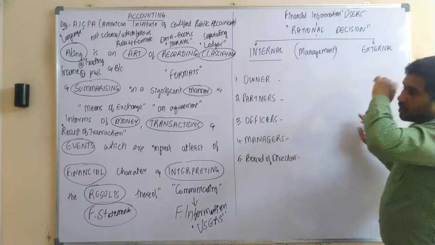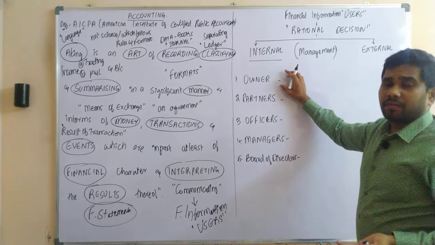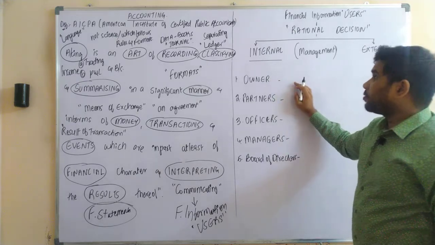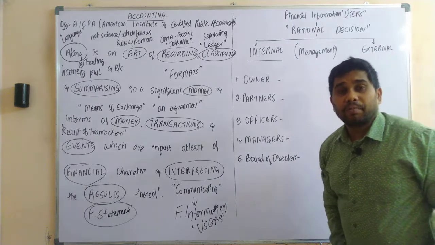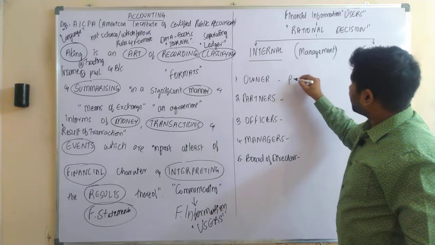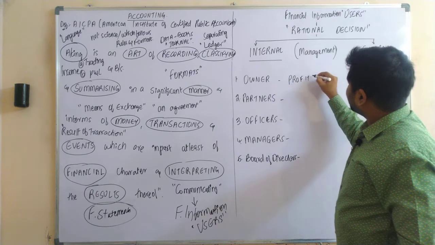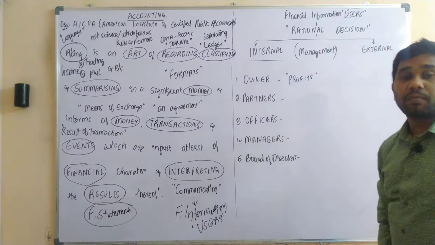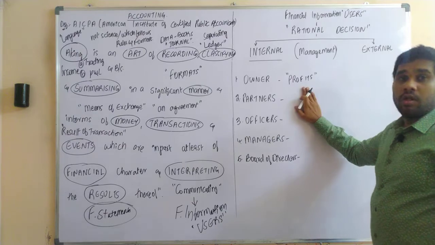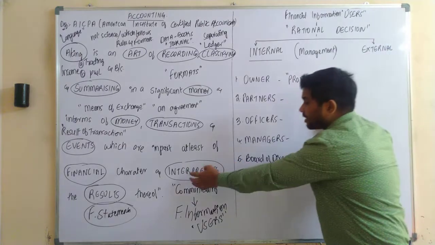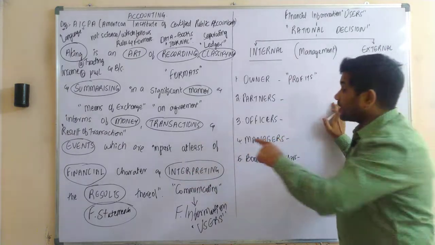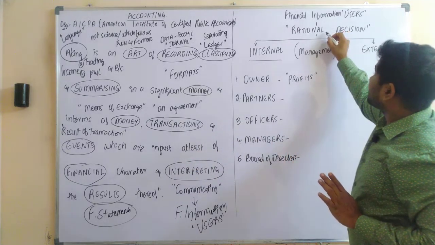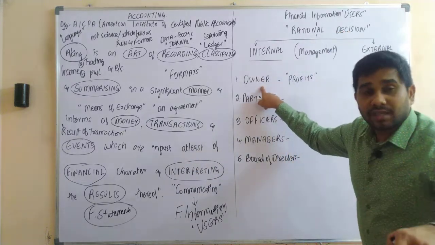Yes or no? Now, owner. Who is the owner? Owner is nothing but the owner of the company. The main motive of starting a business would be to generate the profits. Now, by the information which is provided by the company, what type of rational decision can be taken by the owner, sir?